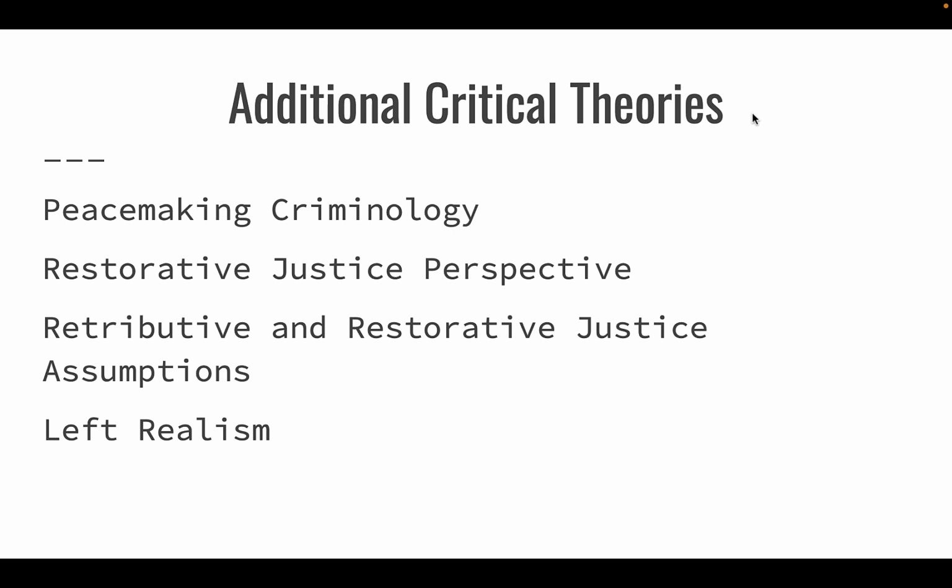And left realism is saying you really have to look at these things on all levels so that you can have a better sense of what's happening and have better goals that'll create better outcomes. And of course, that's going to help you develop a wide range of policy recommendations that are supposed to help you actually deter crime in the future.